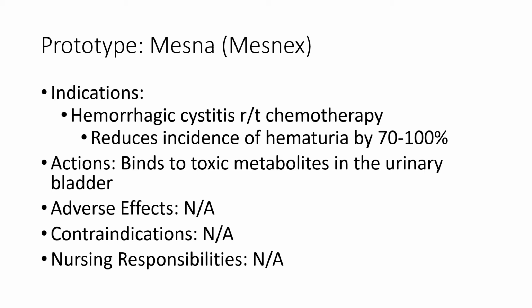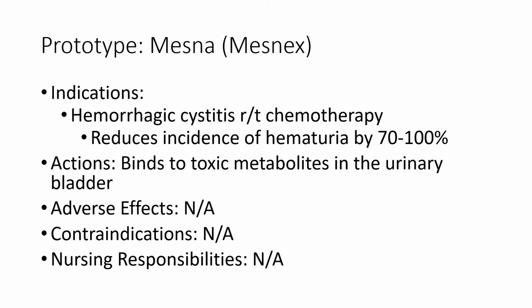Okay, on to Mesna. So it's a treatment for hemorrhagic cystitis related to cyclophosphamide. So it actually binds the toxic metabolites that are secreted in the urine, stopping them from damaging and inflaming the bladder wall.